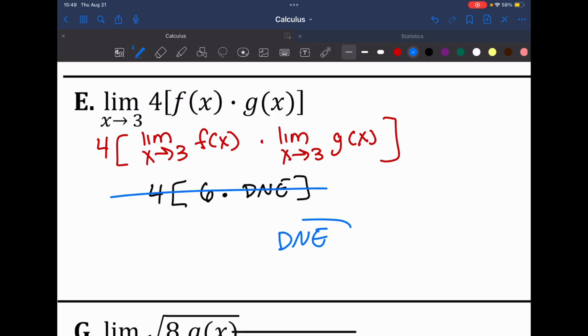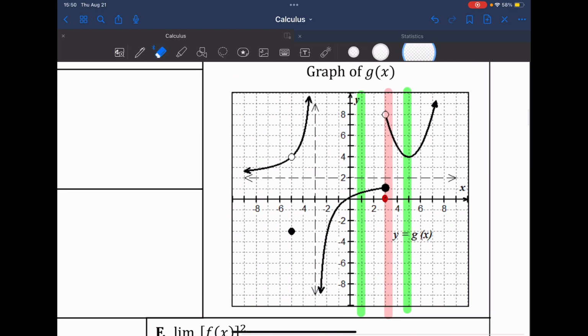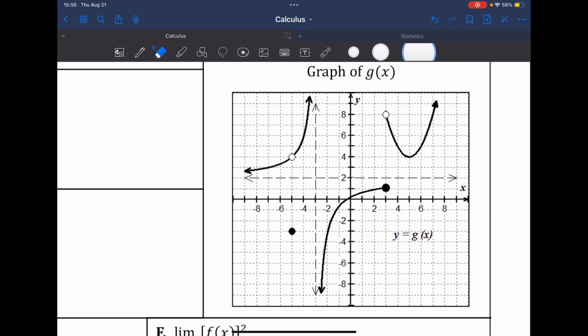And so the entire limit does not exist because the function g of x is not continuous at that point. Okay, so looking at just the g of x portion on the graph, I'm going to go ahead and erase this so I can look at x approaches positive 3 from the left and the right.